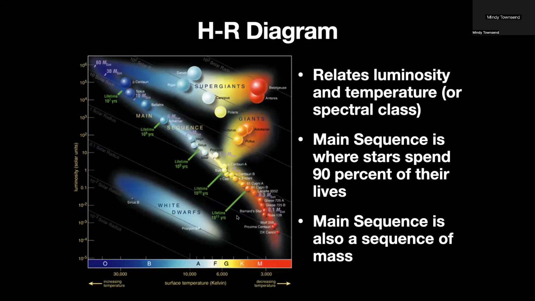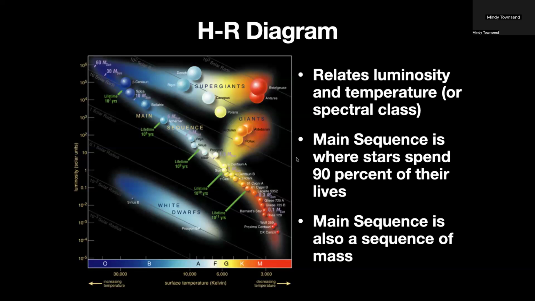The most obvious thing is this big diagonal line from the top left to the bottom right. So this is called the main sequence, and this is where stars spend 90% of their lives.